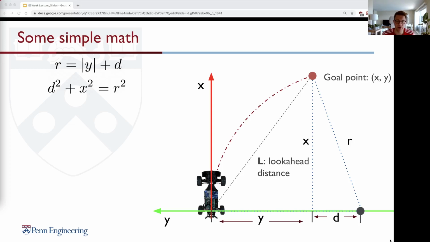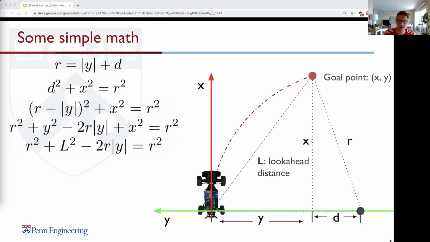Then we have Pythagoras: d squared plus x distance squared equals r squared. What we do then, we substitute the parameter d and we integrate now our parameter, the look ahead distance: L squared equals y squared plus x squared.